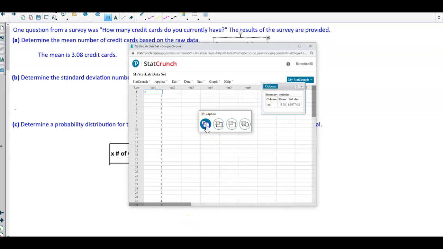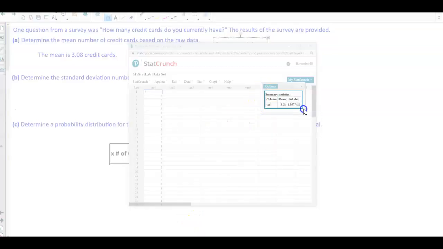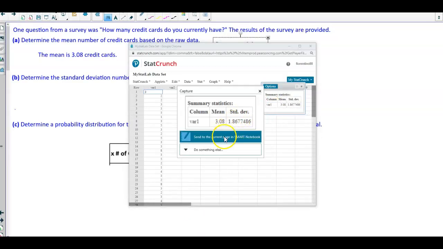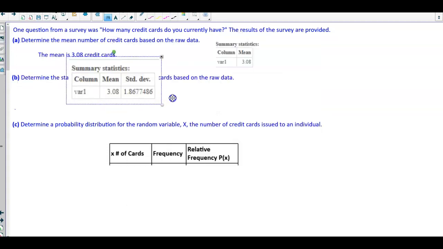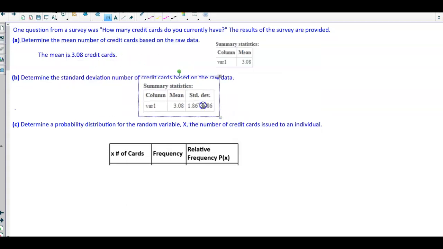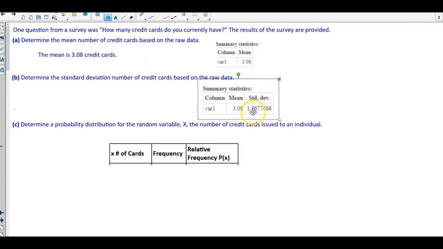I'm going to copy that information. Okay, and in our example, they want us to round this to 3 decimal places. So this becomes 1.868. So therefore, we would say that the standard deviation is 1.868.